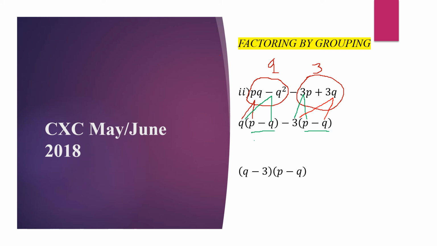So that one side of the expression would read Q minus 3, and the other side of the expression would read P minus Q. Q minus 3 and P minus Q. We have solved, or rather factorized, this expression by grouping.